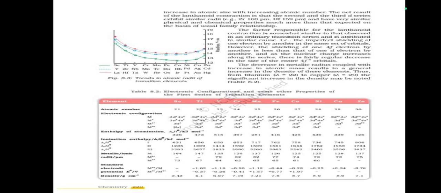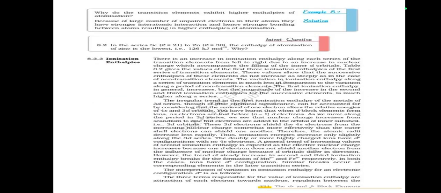Table 8.2: electronic configuration and some other properties of the first series of transition elements. Ionization enthalpy. There is an increase in ionization enthalpy along each series of the transition elements from left to right due to an increase in nuclear charge, which accompanies the filling of the inner d orbitals.